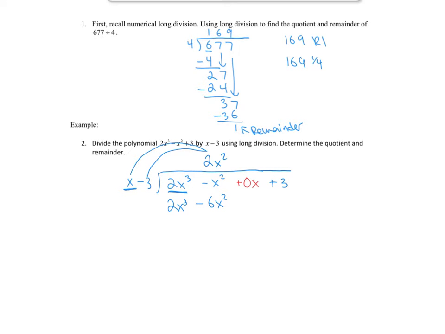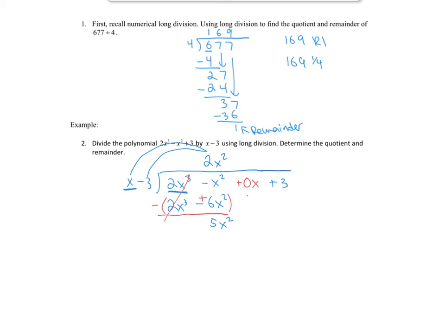Now our next step is going to be to subtract, just like we did with numbers. Now I have to subtract this whole expression. So I've got to distribute that negative, and so when I distribute the negative to the second term, it's actually going to become a positive. So 2x to the third minus 2x to the third cancels out, and we get negative x squared plus 6x squared, which becomes 5x squared.